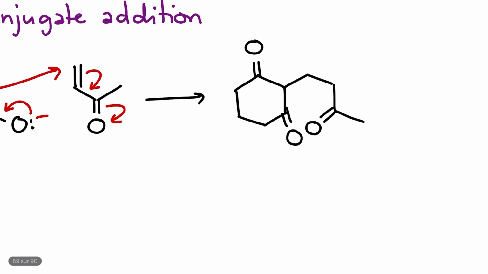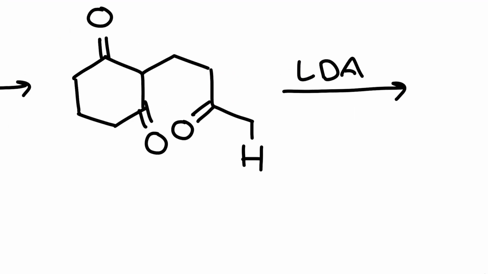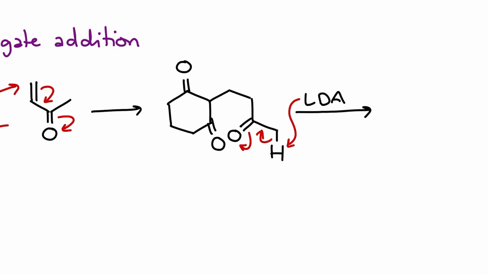Now what's going to happen next is that I'm going to drop a base, LDA, and it's going to abstract this proton. Now I chose a bulky base because it's going to abstract the least sterically hindered proton. So it's going to abstract here, or maybe I'm going to draw an arrow out of the base. It forms an enolate once again.